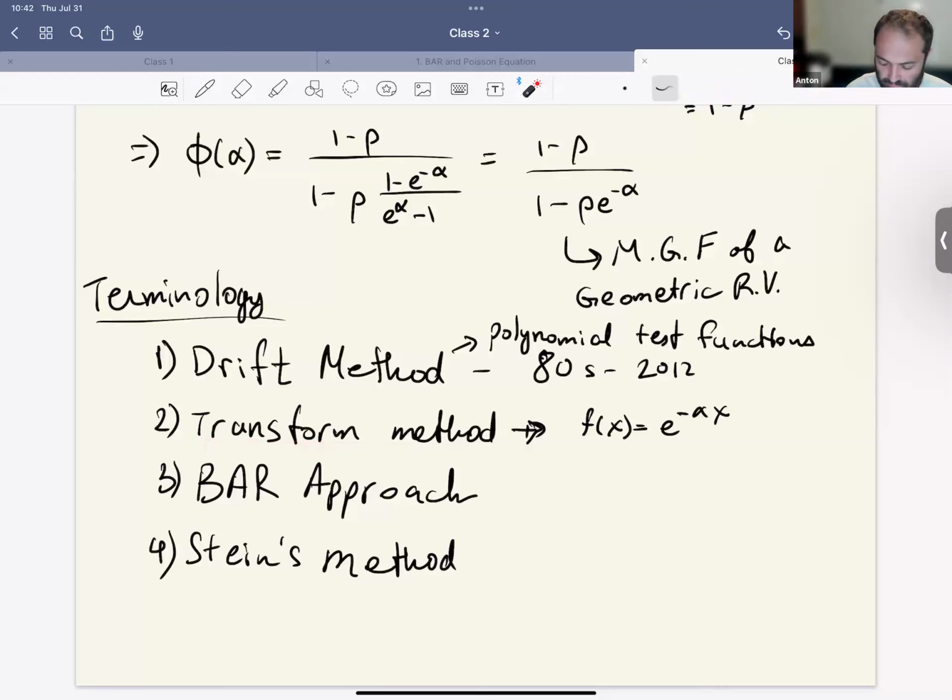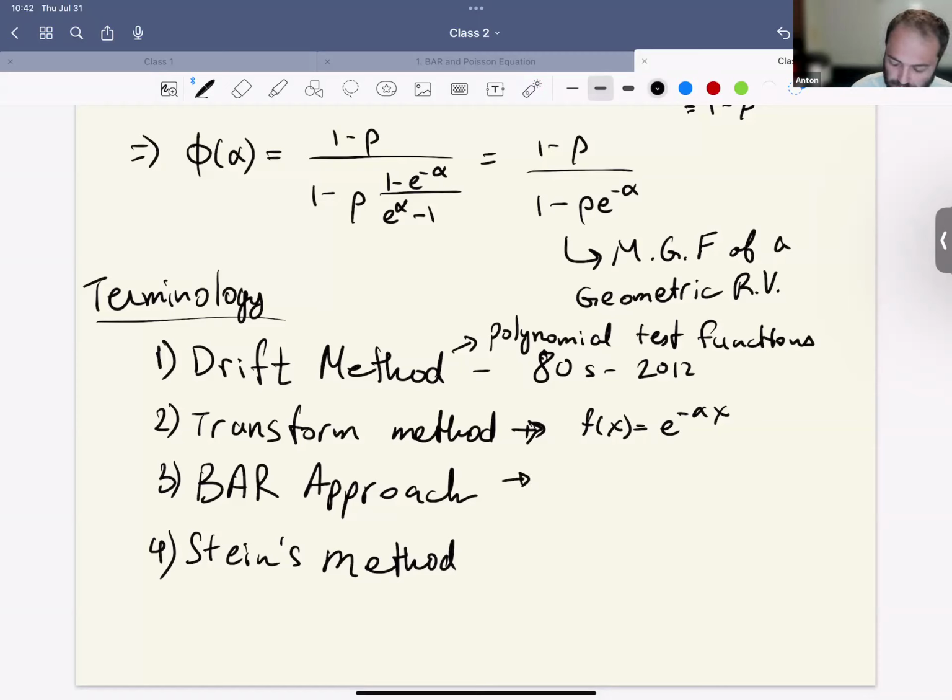I would call that a fair assessment, but it's different because exponential test functions tell you something about the whole distribution of the random variable, versus moment information with the polynomial test functions.